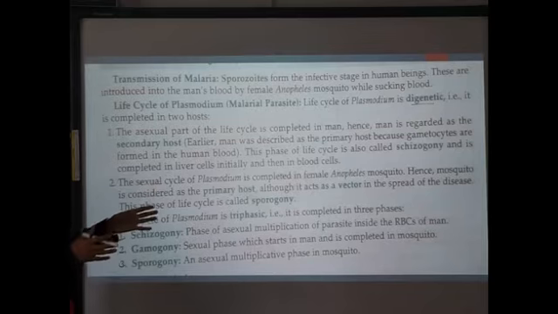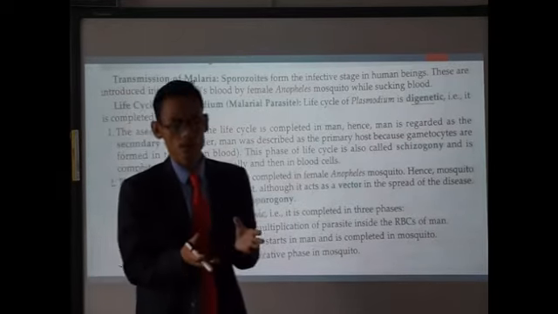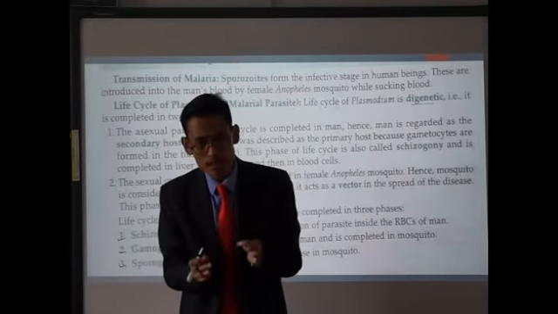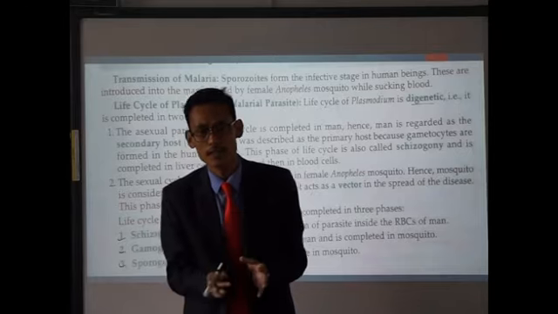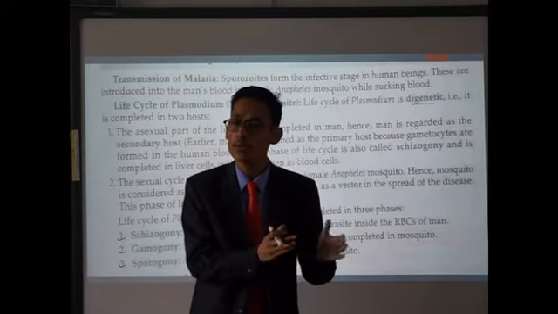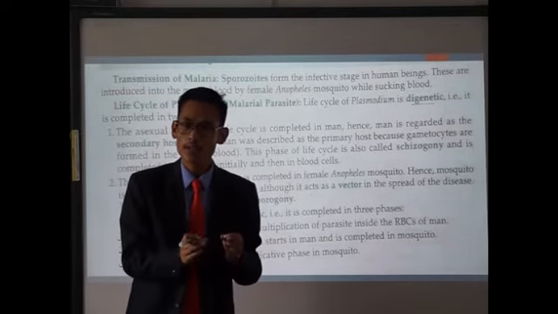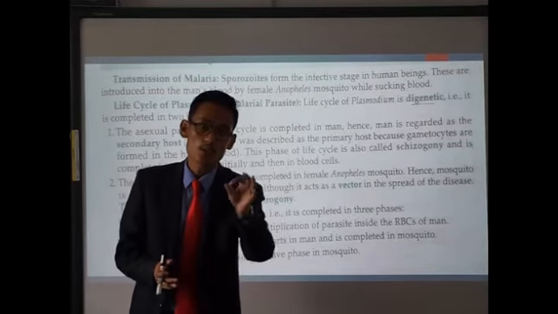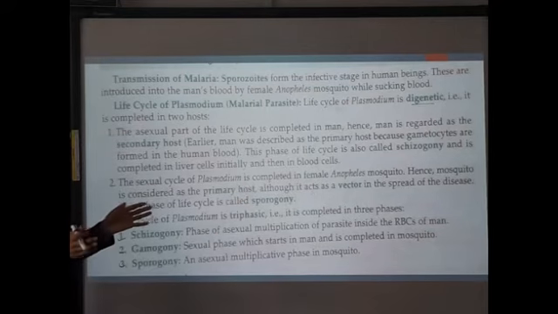Clear? Earlier, human beings used to be known as the primary host. Why was it regarded as the primary host earlier? Because the gametocyte or gamete formation used to occur within the body of human being. Since the gamete formation occurs within the body of human being, earlier it was known as the primary host. Clear?